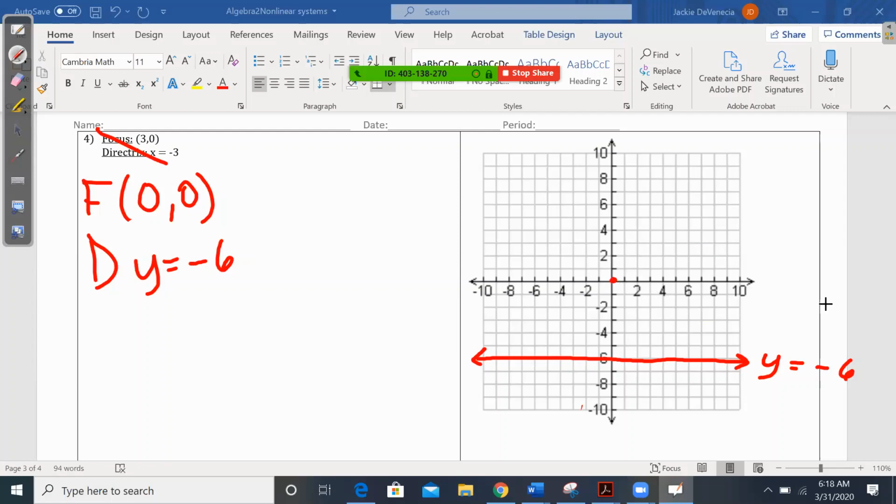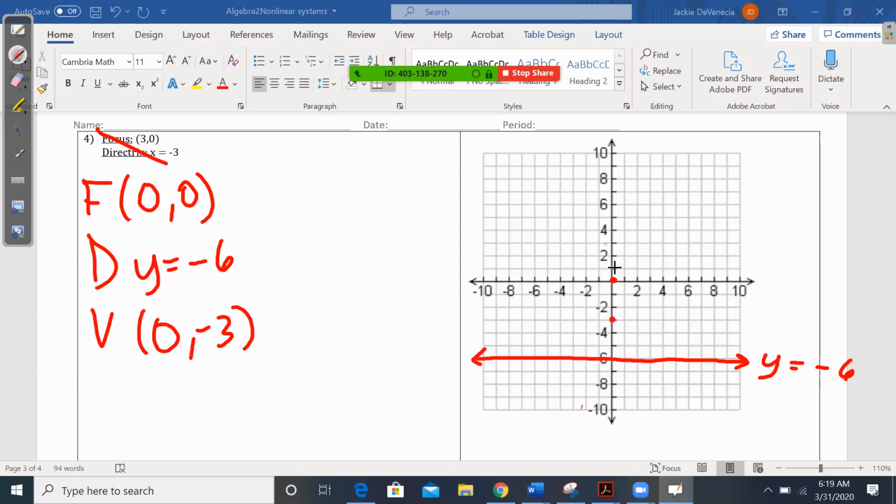All right, it's going to be the same idea again. I have to find out what's the midpoint between these two. So let's count the spaces. 1, 2, 3, 4, 5, 6. Half of 6 again. Okay, that's 3. So 1, 2, 3. My vertex is going to be over here. So this point, let's see, what point is this? (0, -3).